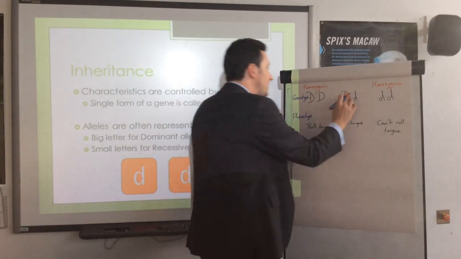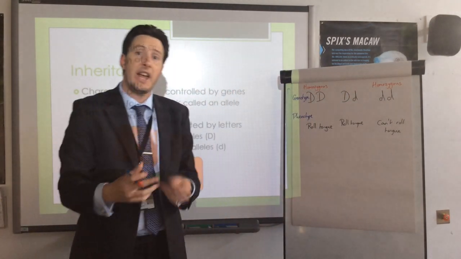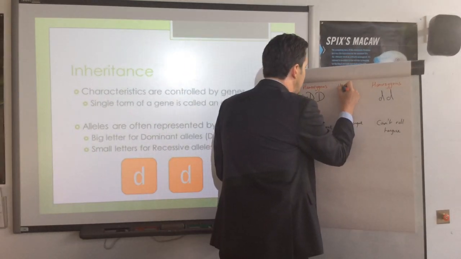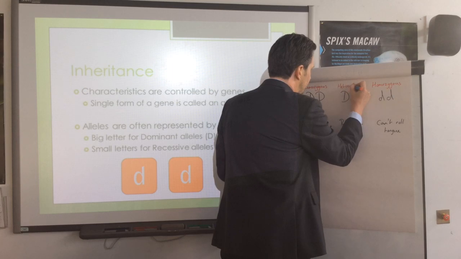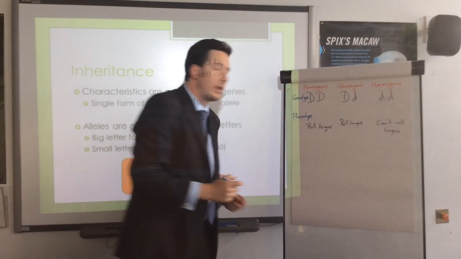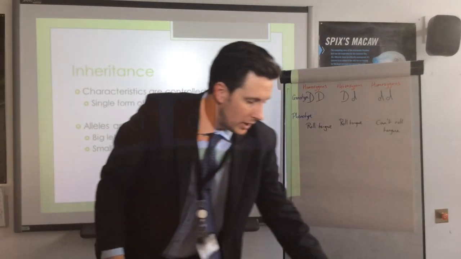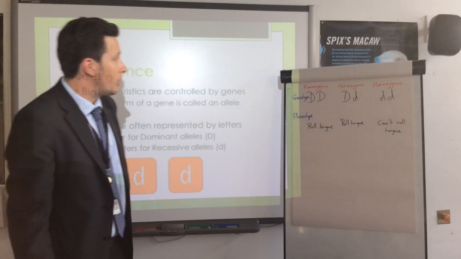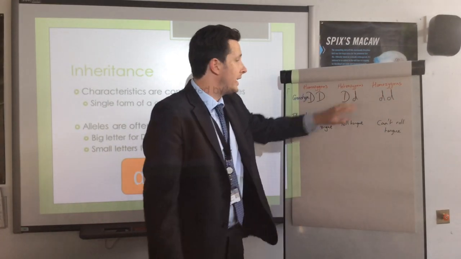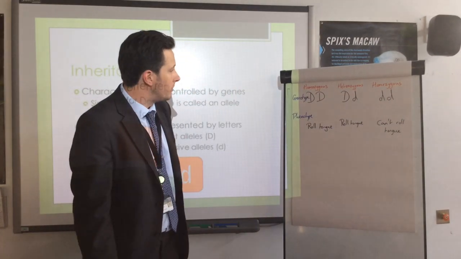And then in the middle, this one, which has got one of each, is heterozygous because hetero means different. So this is heterozygous, because it's got two different alleles in the gene controlling that characteristic. Okay, so homo, they're both the same, and hetero means one of each.